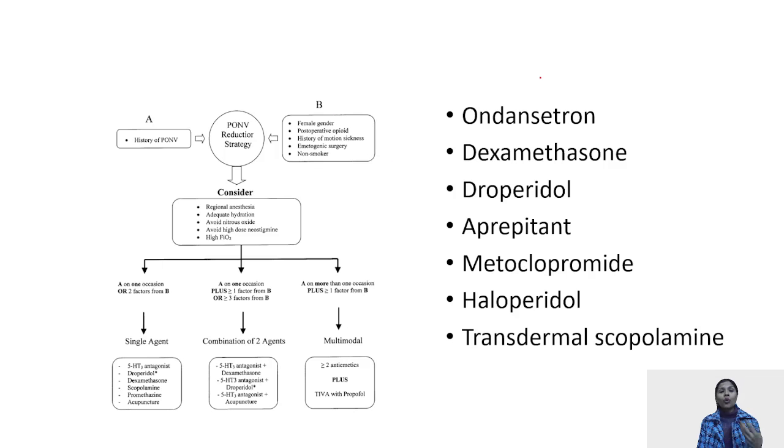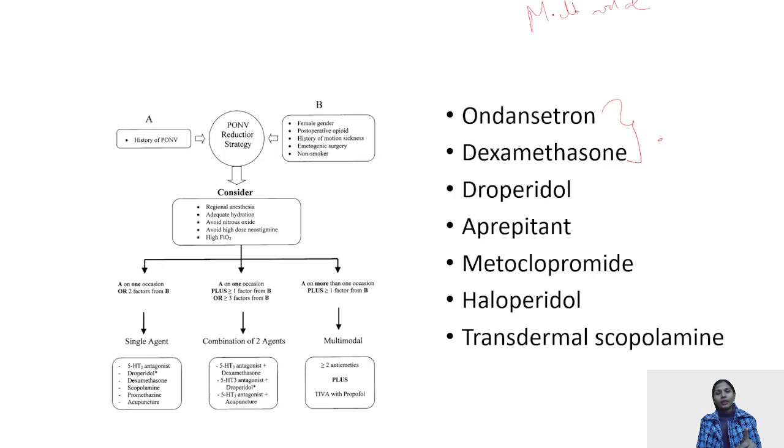If we have more than 3 factors, then we have to use a combination of the agents, like ondansetron can be added to dexamethasone, or dexamethasone can be added to your say droperidol, or even you can have some non-pharmacological techniques like acupuncture, etc. can be used. But if it is many more factors which are present, then you can have a multimodal approach to PONV also. The best approach for the management of PONV, if asked, is multimodal.